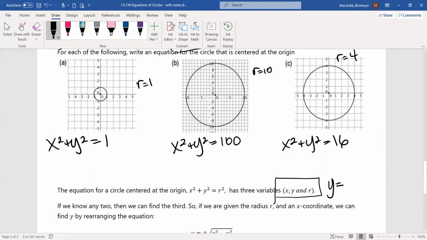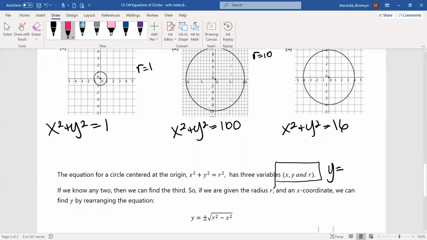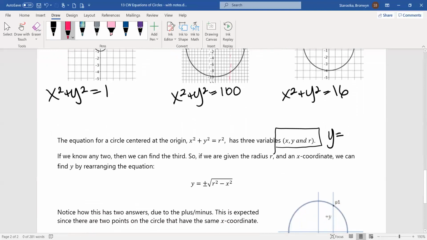When I look at all these circles, if I did the vertical line test, it's not a function because for each x, notice there are 2 y's. To get around that on our calculator, we can do something special. If we know any 2 of the variables, we can find the third.